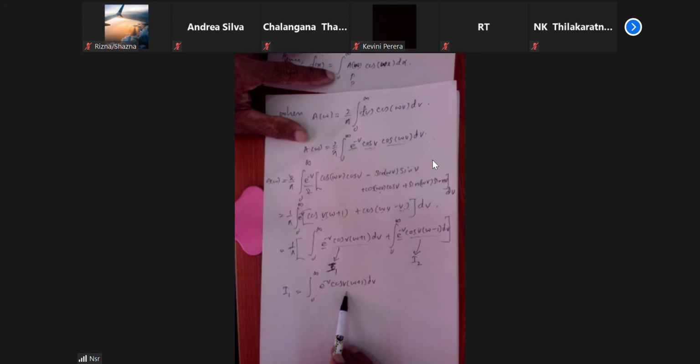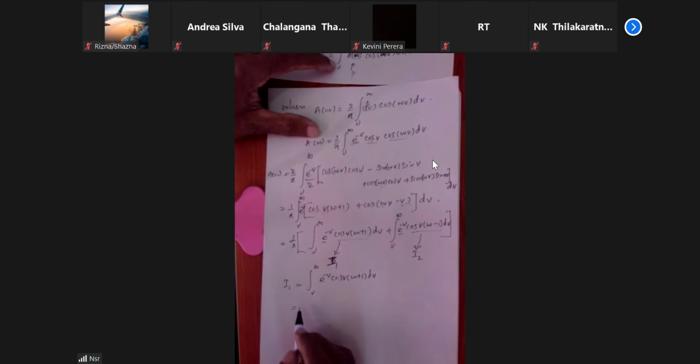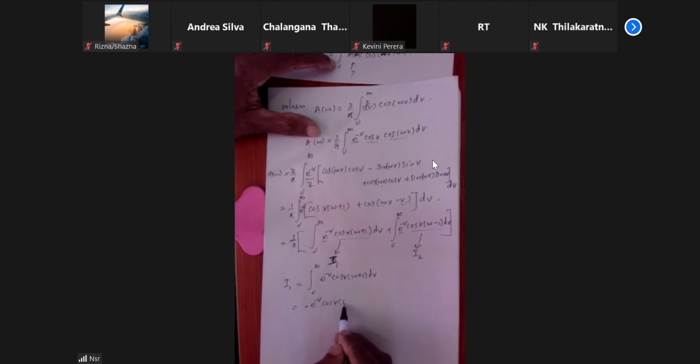Okay, so what I want to do is use integration by parts. So you have minus e to the power minus v. I take the integration of this one, keeping the cosine function v omega plus 1.